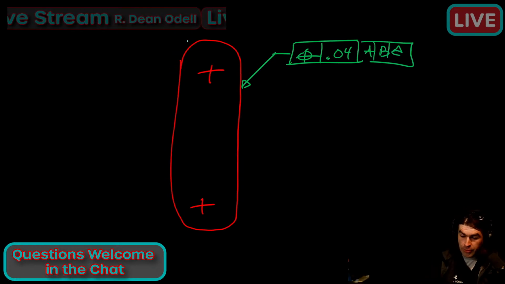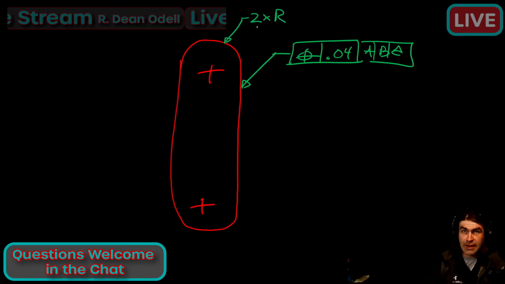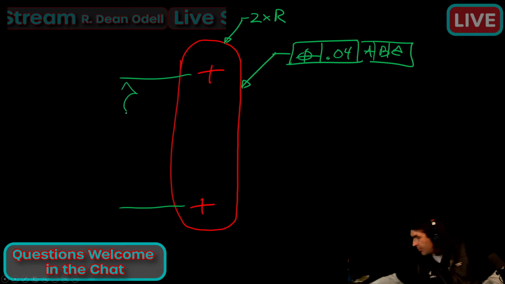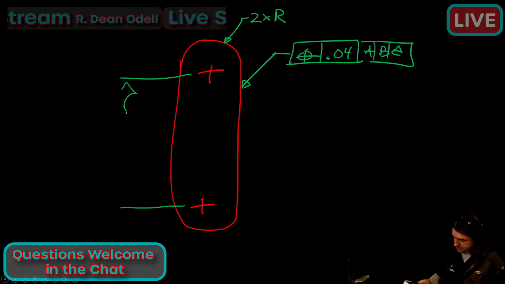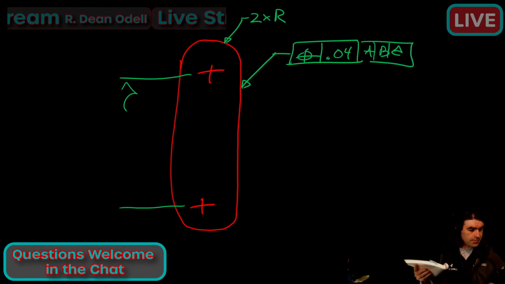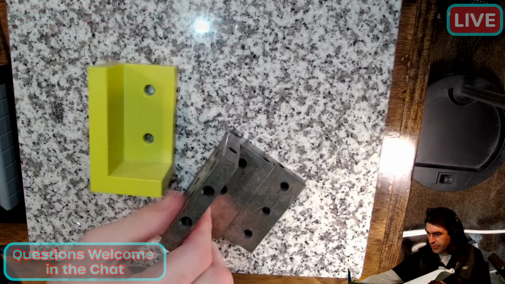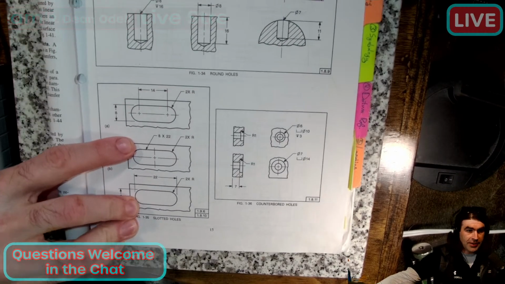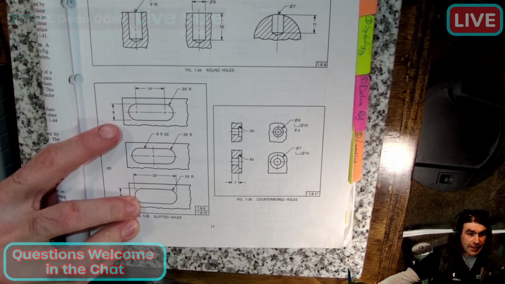So say we're controlling this. We'd have 2 times R here. If you want to know what I'm looking at, here are the 3 acceptable ways to measure a slot.